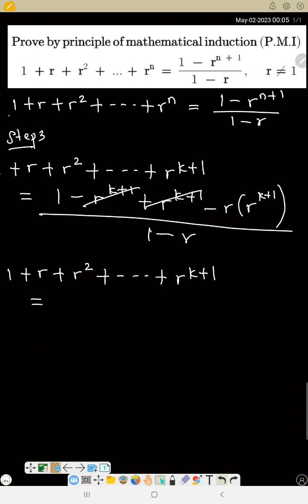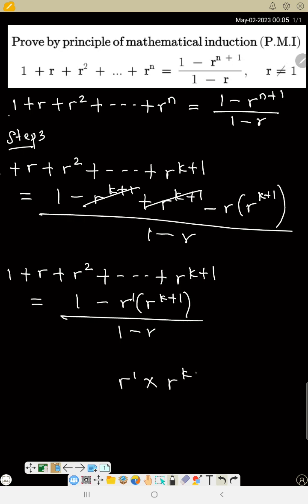So we'll have 1 minus r, brackets, r raised to power k plus 1 left, divided by 1 minus r. So now remember, this r is power 1. So that will be like r raised to power 1 times r raised to power k plus 1. So if you use law of indices, the bases are equal.